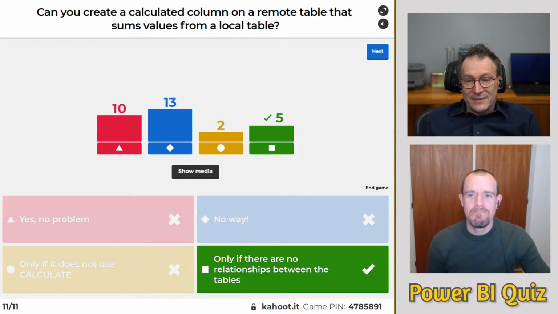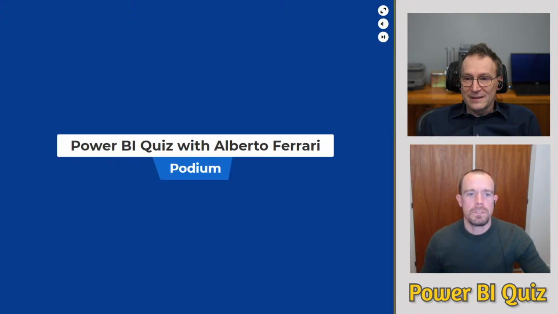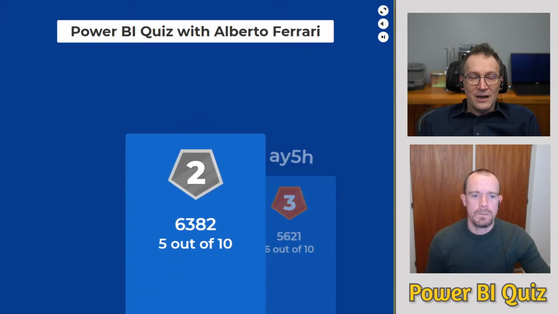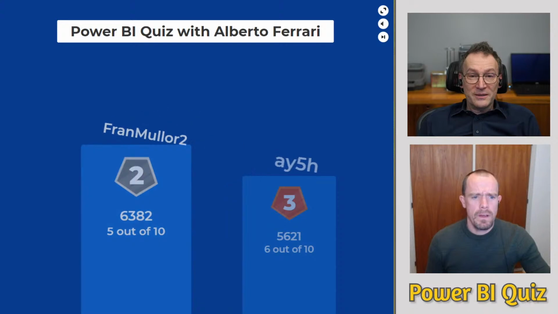Yeah, that was really hard. I would probably have made it wrong if I didn't write the question. So it's totally fine that most people made it wrong. So we have only 5 who got it right. Let's see the final podium. On 3rd place with 6 out of 10, we have Asia. Congratulations to you.